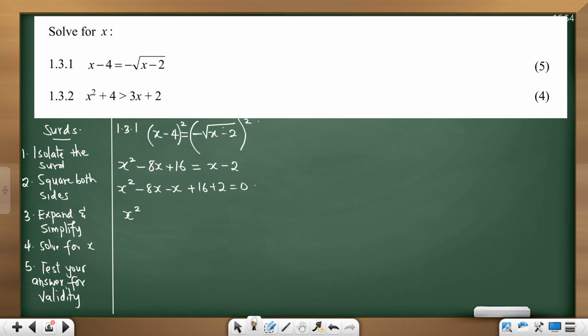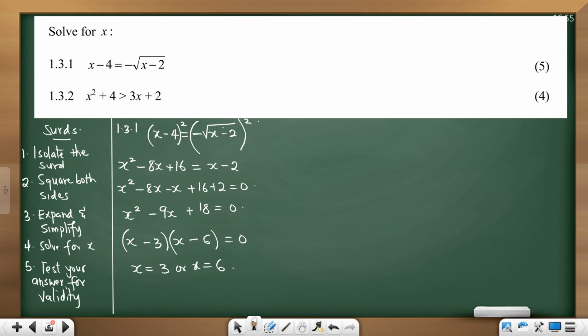What do we have? x squared minus 9x plus 18. Now what are we doing? We're factorizing, right? Factors of 18 are 3 and 6. That would give me x equals 3 or 6, and that is step number 4.